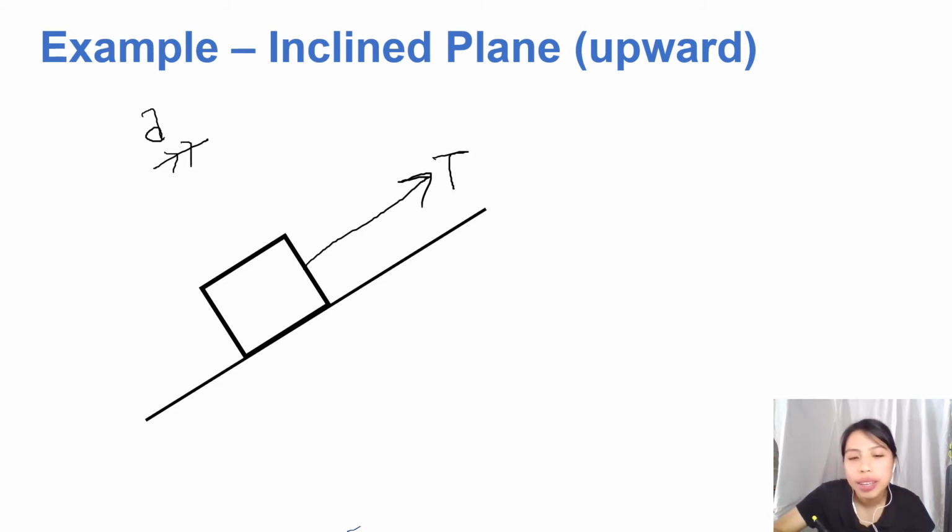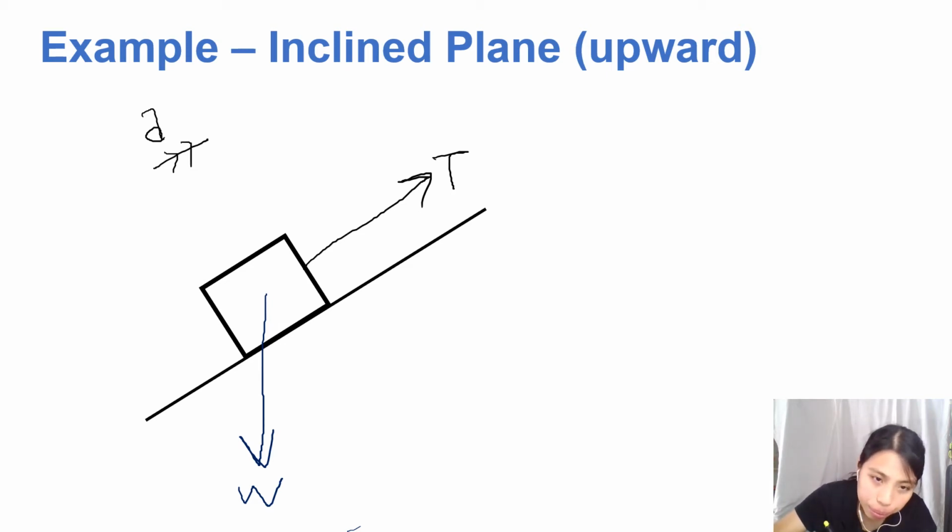Okay, so firstly, you're going to have a weight from the center of mass down. That's some weight. Then you have, what else is there? Normal force, because the block is touching the surface. So you have a normal force from the surface.